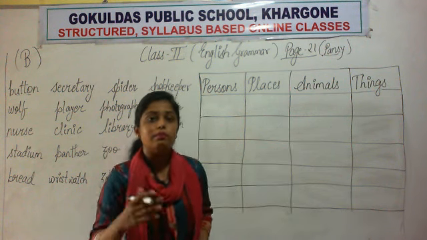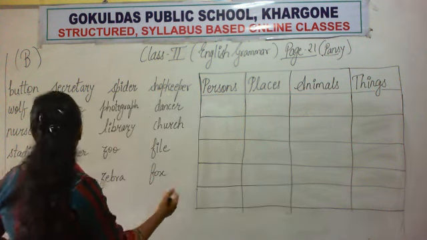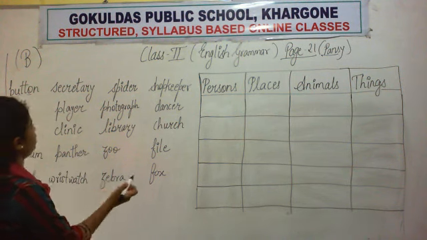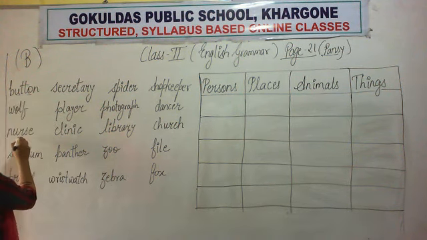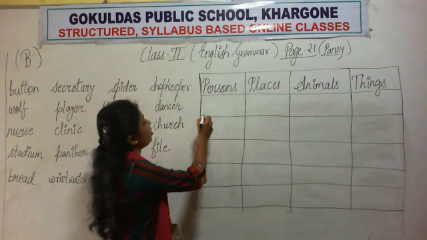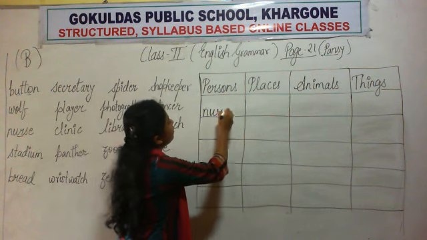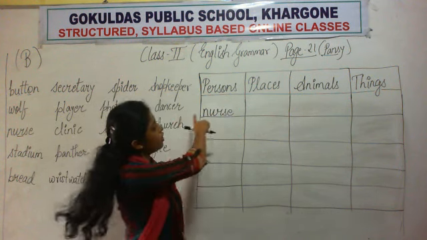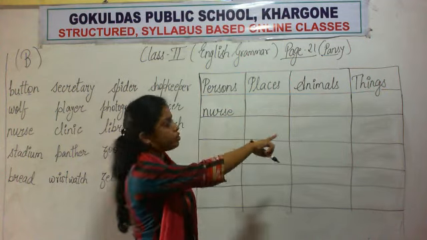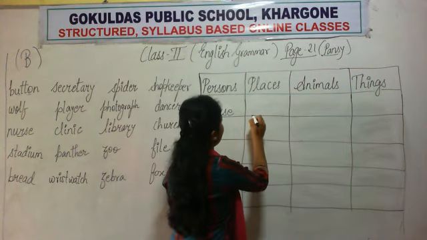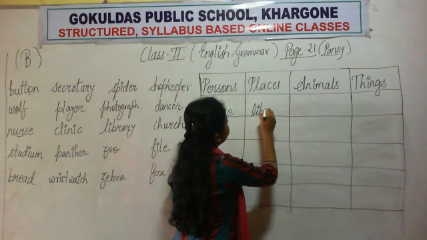Okay? Now some things are already done for you like this nurse. Where is she? There. Nurse is already written there. One row is already filled up for you. Nurse. Place like library is already filled up.